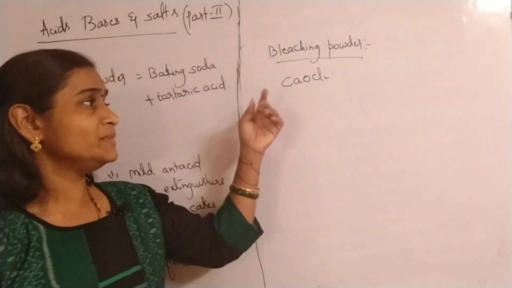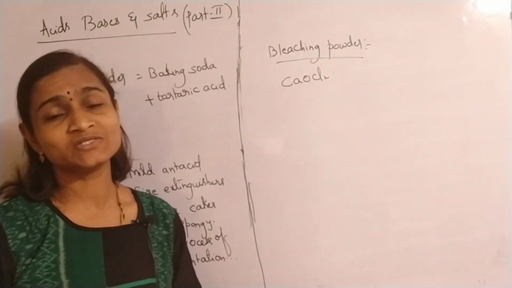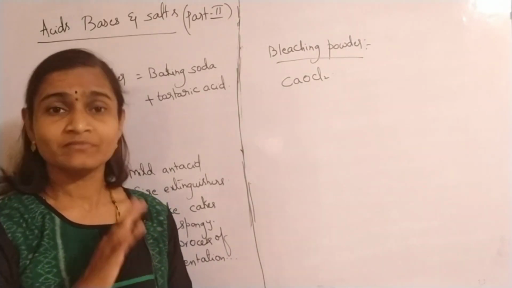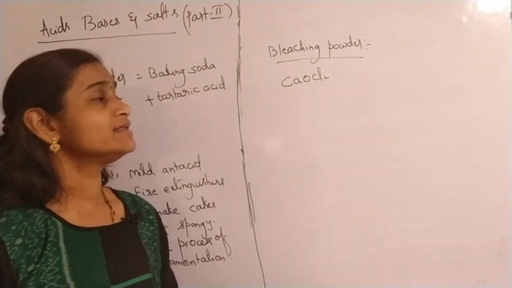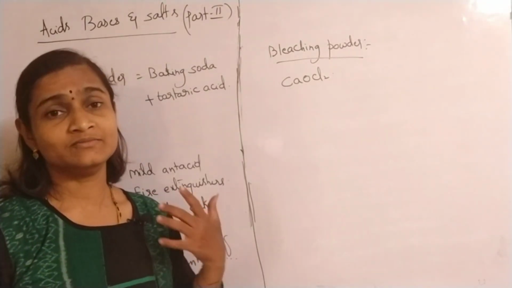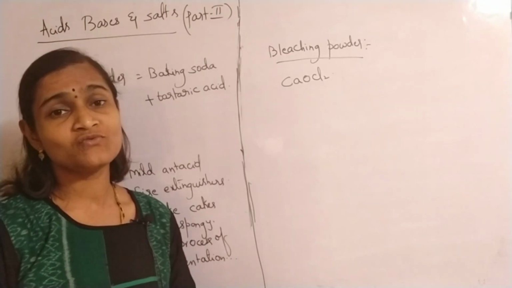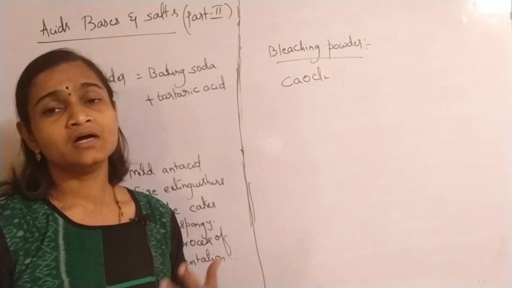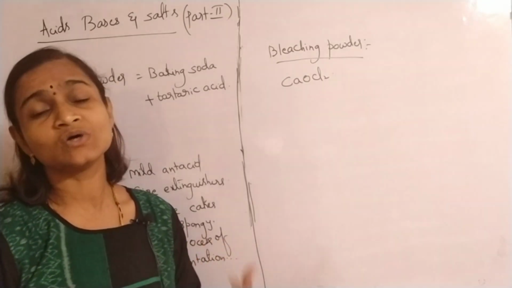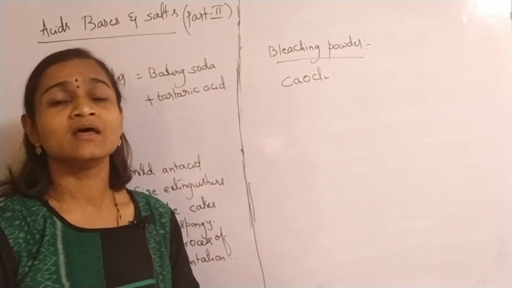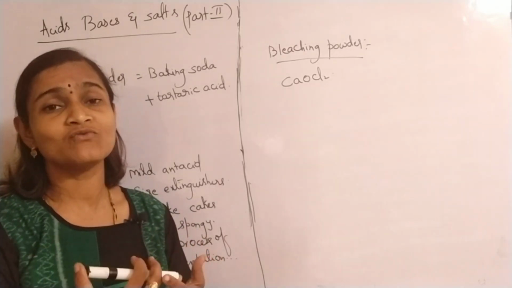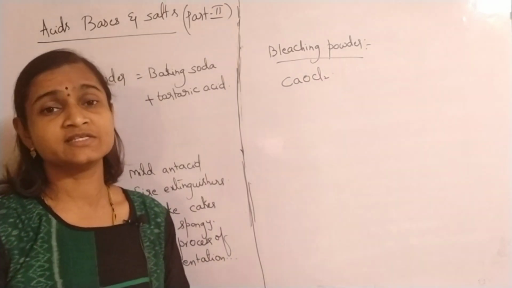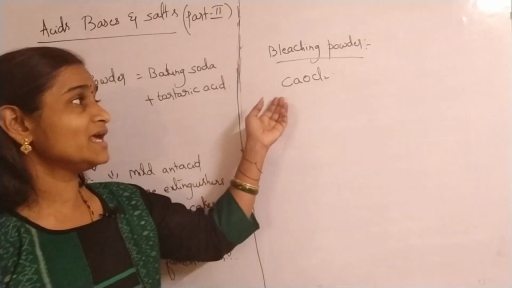Even in swimming pools, they add this bleaching powder so that algae should not form. And at the same time for water supply also, in order to kill the germs that are produced during rainy seasons or whatever the water it may be, before the supply of water to different houses from certain reservoirs and all, they add what?